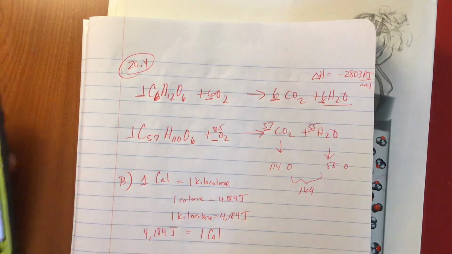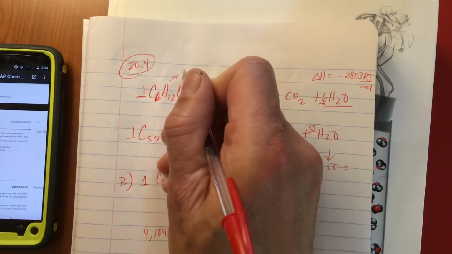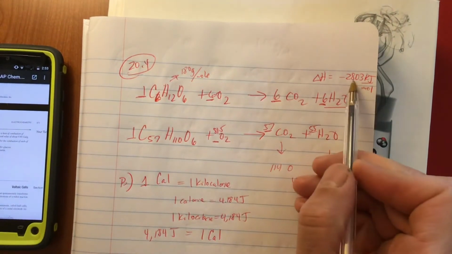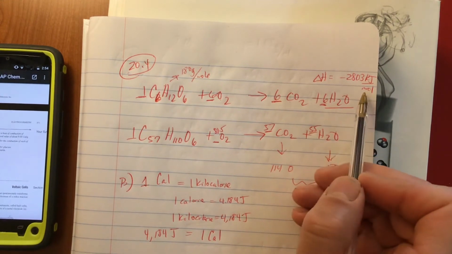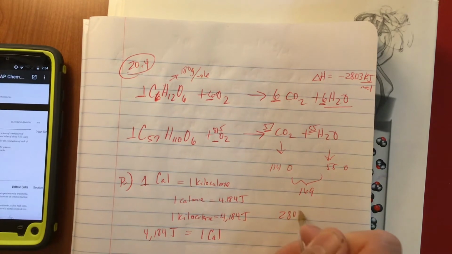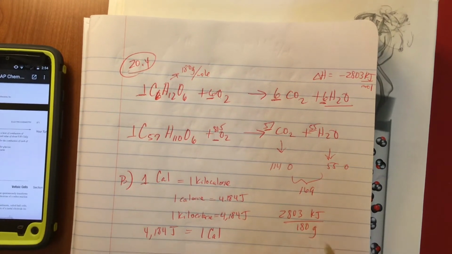Yeah, calories per gram. Okay, well, glucose, I just happen to know that glucose is 180 grams per mole. So that means that this is 2,803 kilojoules per 180 grams. So I'm going to write that here. 2,803 kilojoules for 180 grams of glucose.